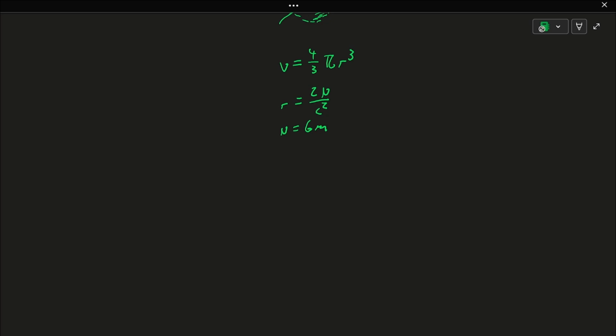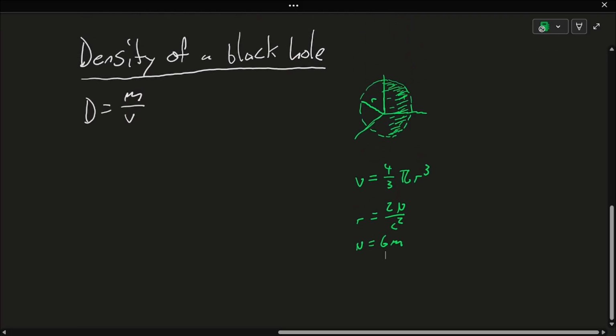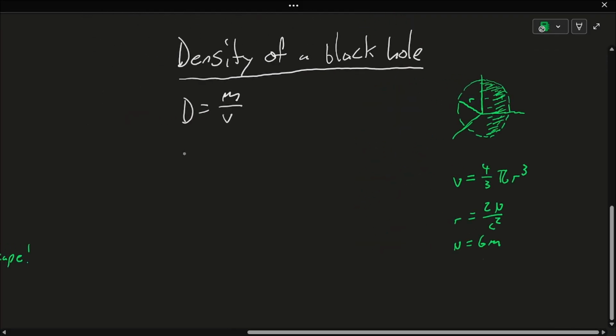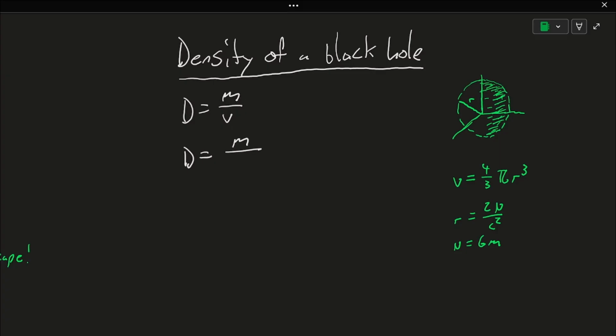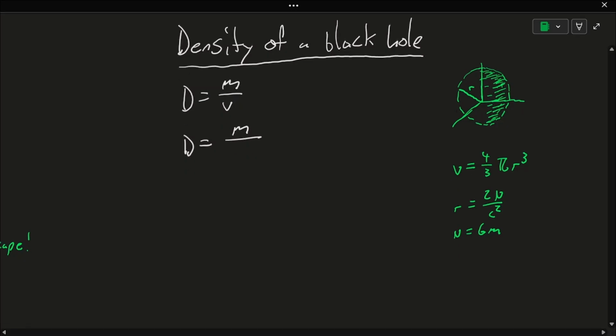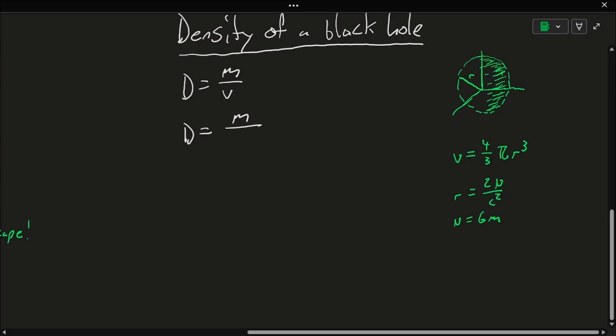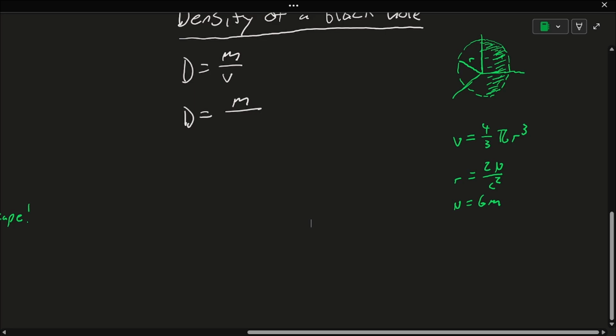Well, now we can rewrite density over here by saying density equals mass divided by V. Oh, I probably shouldn't have made that V, because that could get confusing with velocity. Anyways, know that this V here is volume. Probably should have changed that, but oh well.